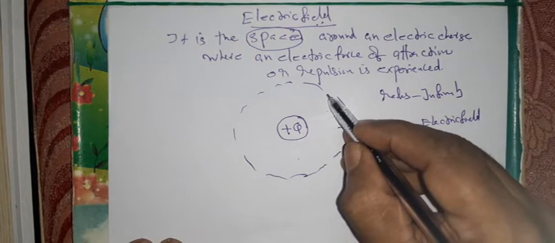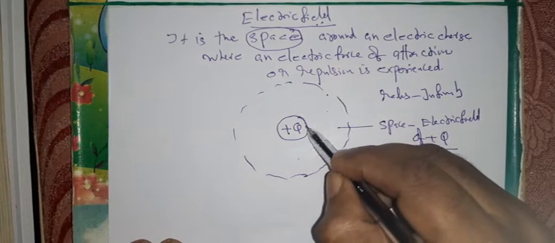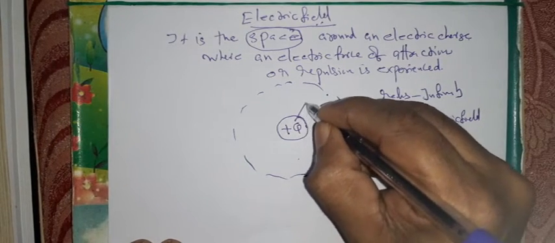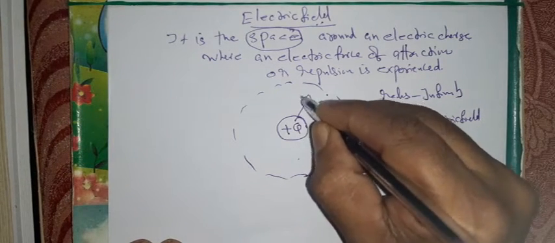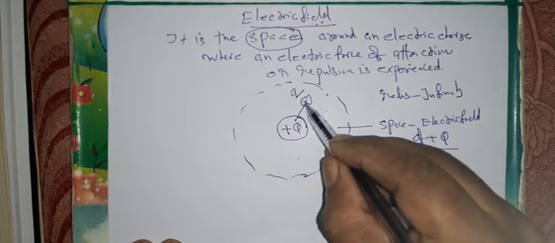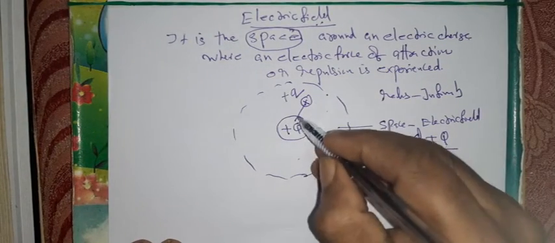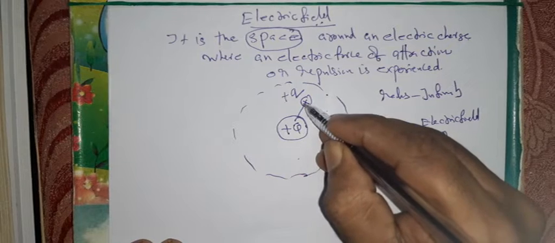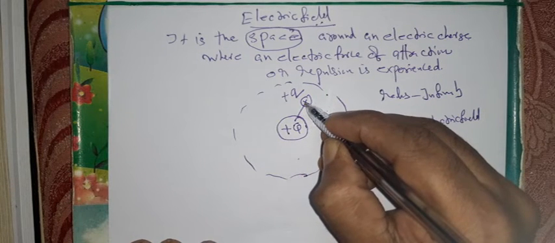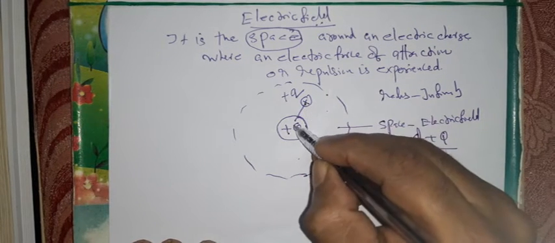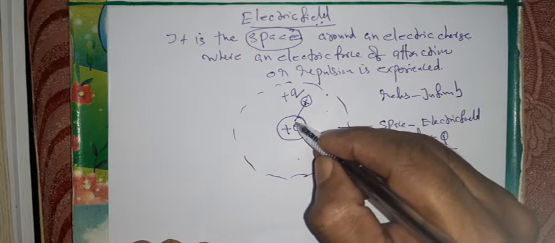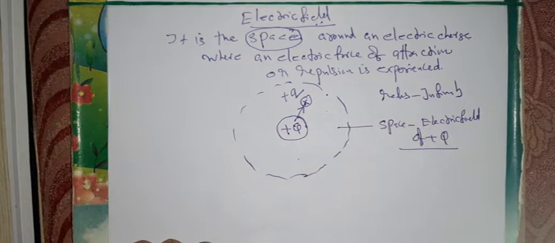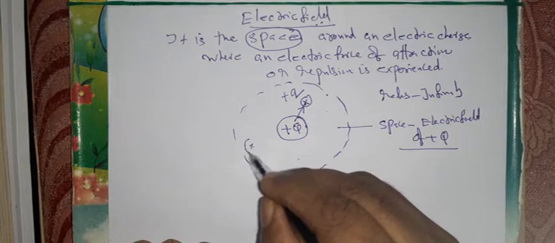What is the speciality of this space? Suppose you place a plus Q charge here. What will happen? The center charge will exert a repulsive force on plus Q. Then you place a minus Q charge here.